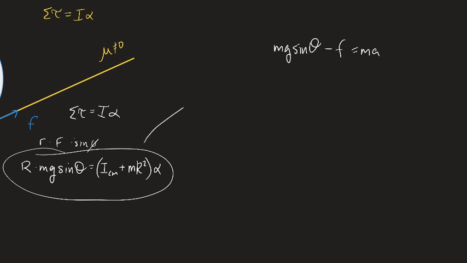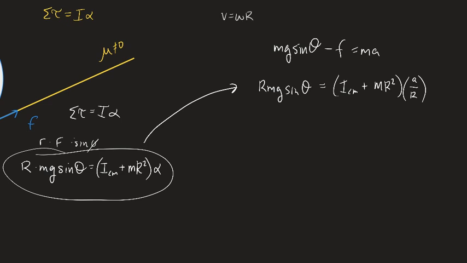And because the object is rolling, I'm going to write this as r mg sine theta equals I center of mass plus mr squared times a over r. For something that's rolling, remember, we know this has to be true. And if that's true, then this one also has to be true. It's rolling, so I can count on that.